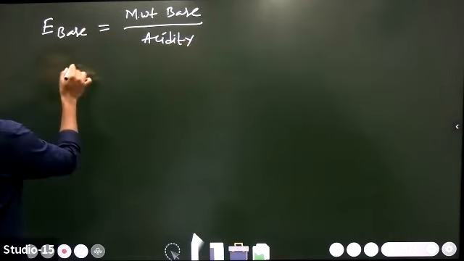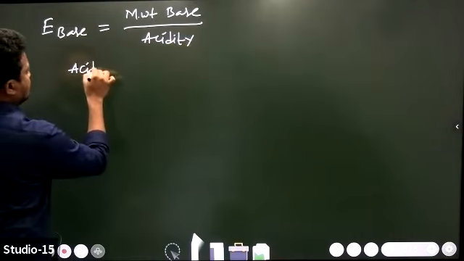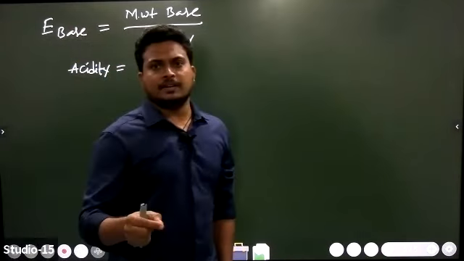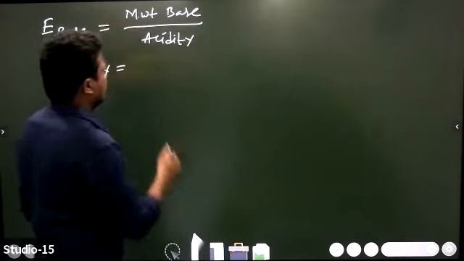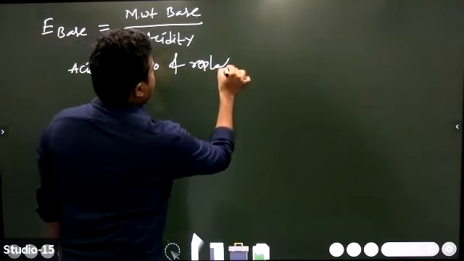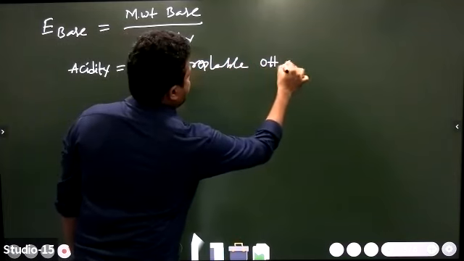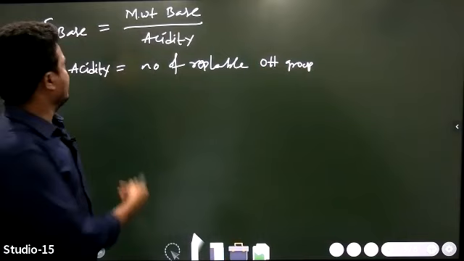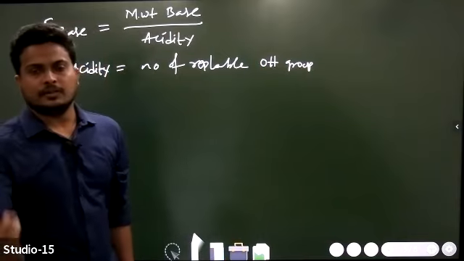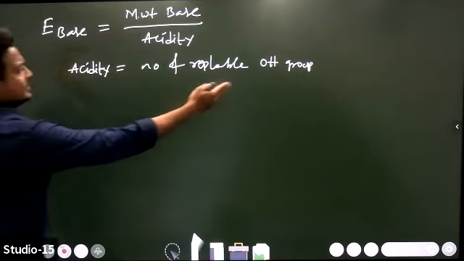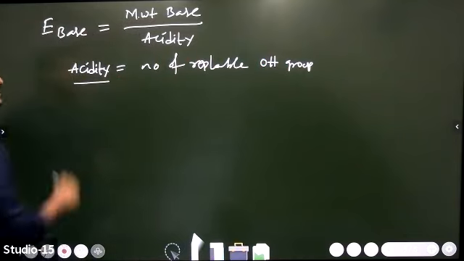Here acidity is nothing but the number of replaceable hydroxyl ions, the number of replaceable OH groups. Now for bases, it is easy to calculate equivalent weight. The number of OH groups exactly present in the base is equal to acidity.